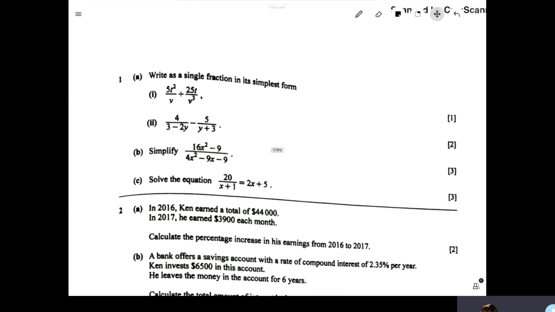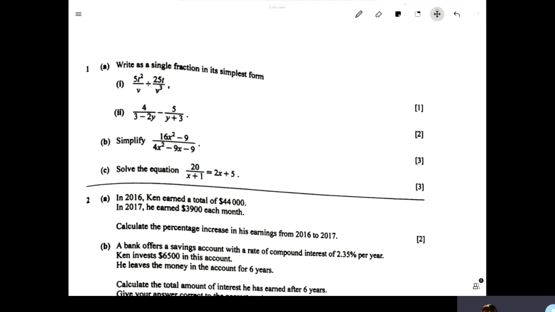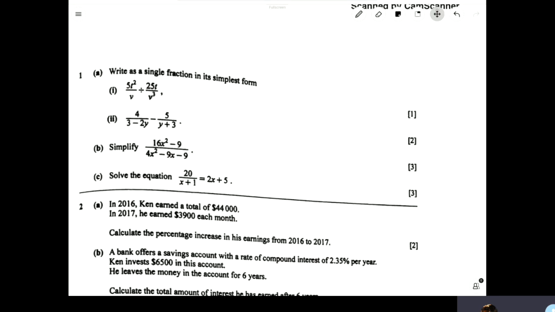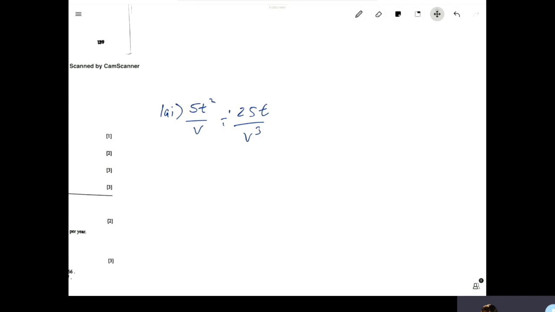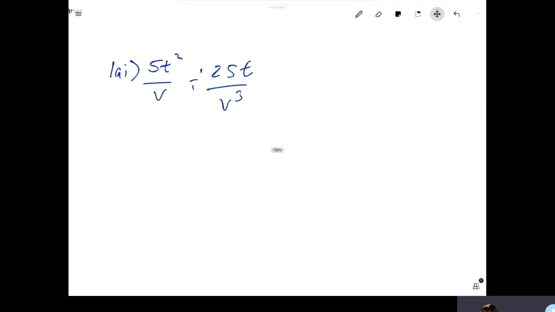Okay, now let's take a look at paper 2. I'm going to just proceed to do on the other side. So 5t squared, let me just copy it. Okay, so 1a part 1. 5t squared over b divided by 25t over b cubed. Okay, so we're supposed to write as a single fraction. Can you see?